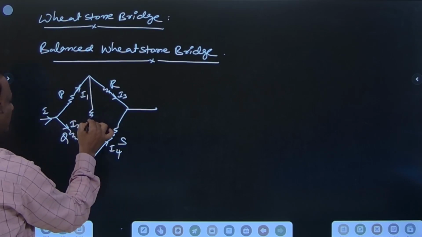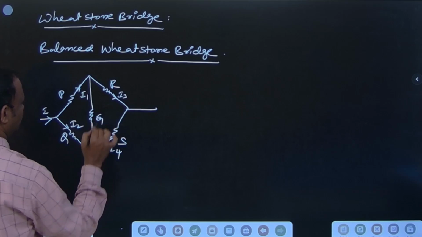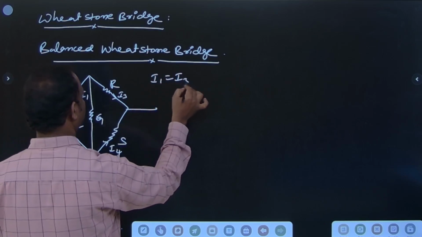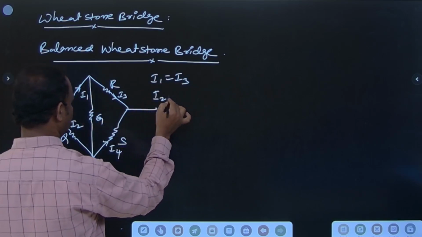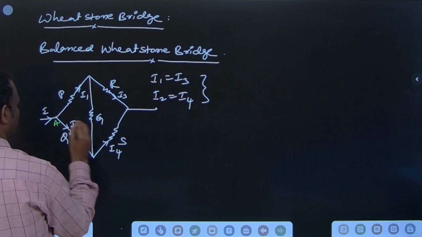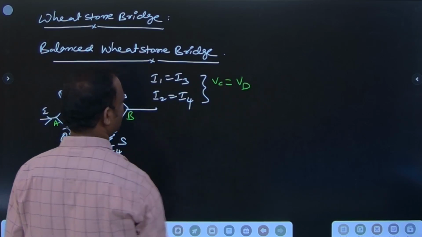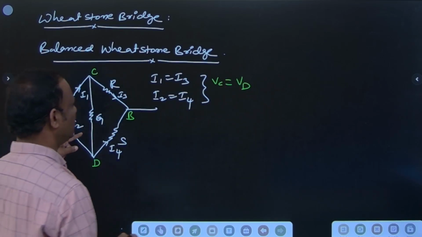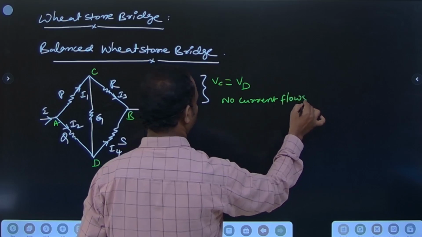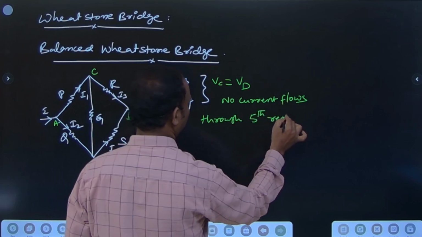Here another resistor is connected, the galvanometer resistance G. If I1 is equal to I3, the same current is passing, and I2 is equal to I4, then with points A, B, C and D, the potential at C is equal to the potential at D. That means no current flows through the fifth resistor.